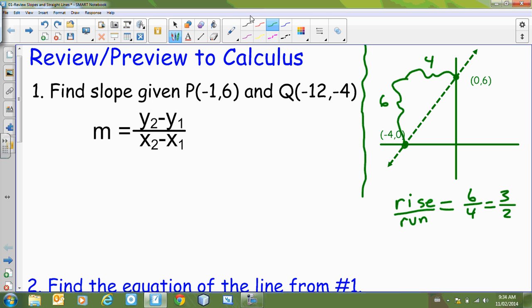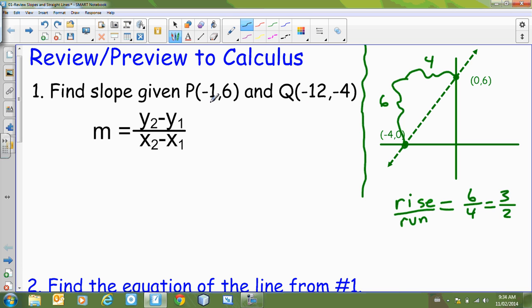If we're looking at a question where we have information instead of an actual drawn graph, -1, 6 is one point, -12, -4 is the other. I'm not too concerned about where they are, although if I kind of picture them, I recognize that Q technically is more to the left, and probably if I thought about it this way, I would consider that my point 1 and that my point 2.